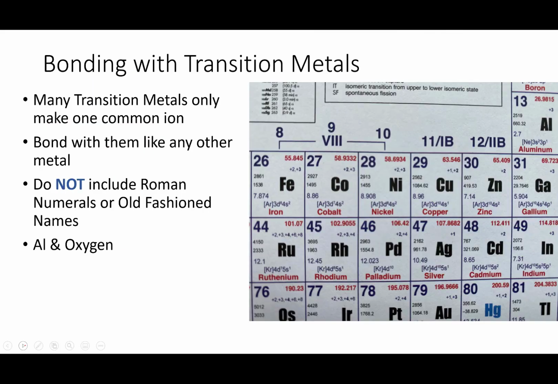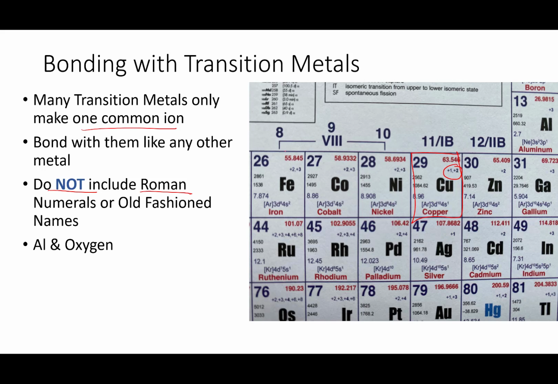One of the things that makes this whole naming thing challenging is that you only mess with these Roman numerals if the transition metal has more than one common ion. But some do not have more than one common ion. So let's look at the section of the periodic table. If I look at copper, it has a couple ions.